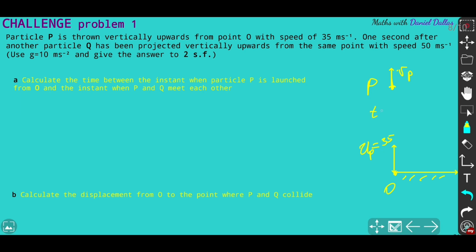And at this time, a new particle has been launched with greater velocity. So it's going to be particle Q. The initial velocity for particle Q is going to be 50 meters per second. Obviously the speed is greater in order to meet particle P somewhere.